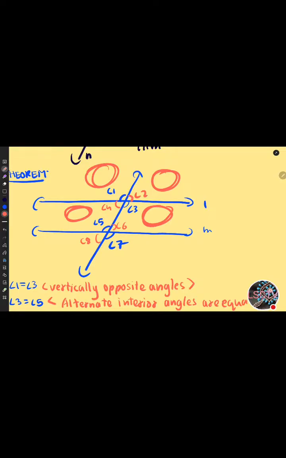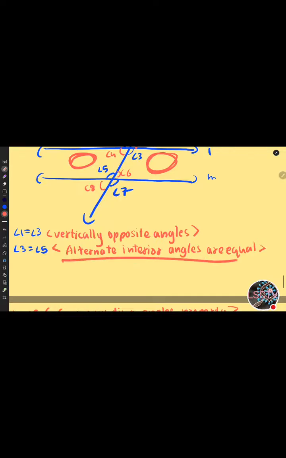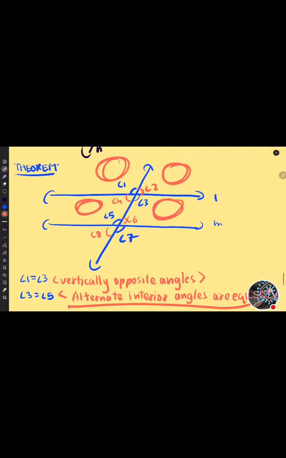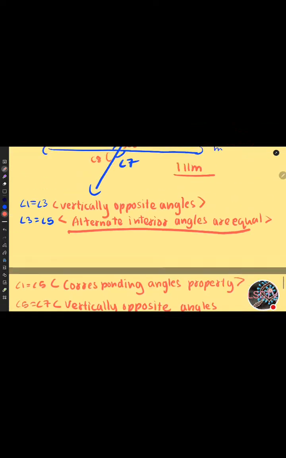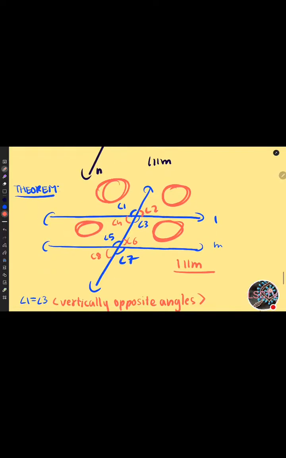Now, interior angles which lie on the opposite sides of the transversal are called alternate interior angles. See, alternate interior angles are equal. All of them are equal if and only if L is parallel to M. Now this is simple. Let's erase them.